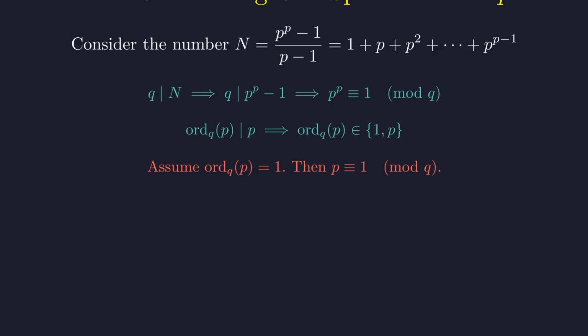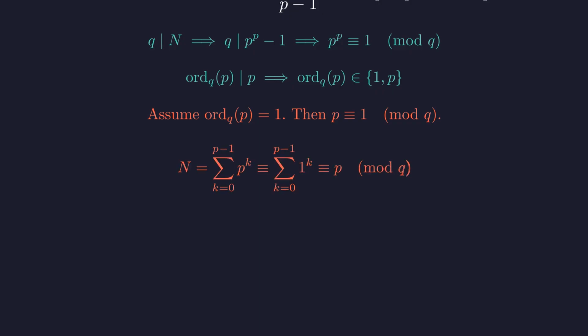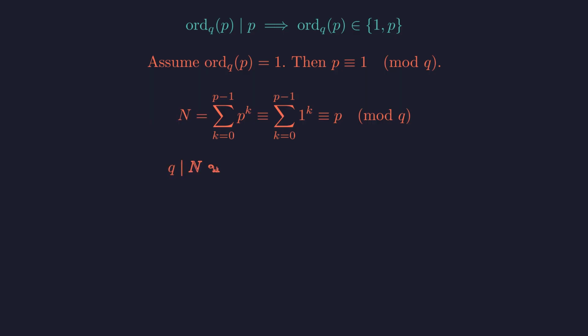Let's assume the order is 1. This would mean p is congruent to 1 modulo q. If we look at n modulo q, each p becomes a 1. Summing p 1s gives us p. So n is congruent to p modulo q. But we started with q dividing n. By transitivity, this means q must also divide p.